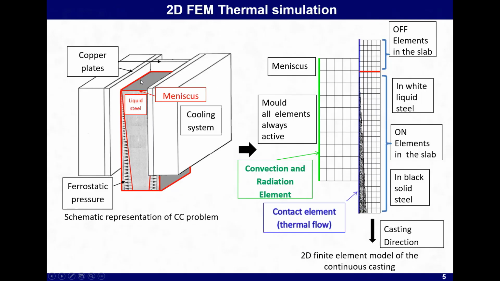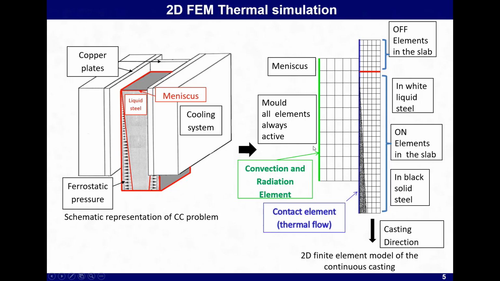You see here that we work on a plate, and our 2D model is in the middle of the width of the plate. You have the mold here. We don't model all the pipes with circulating water to cool down the mold.